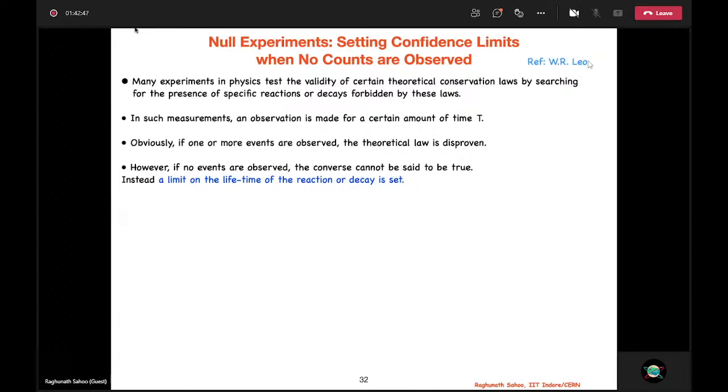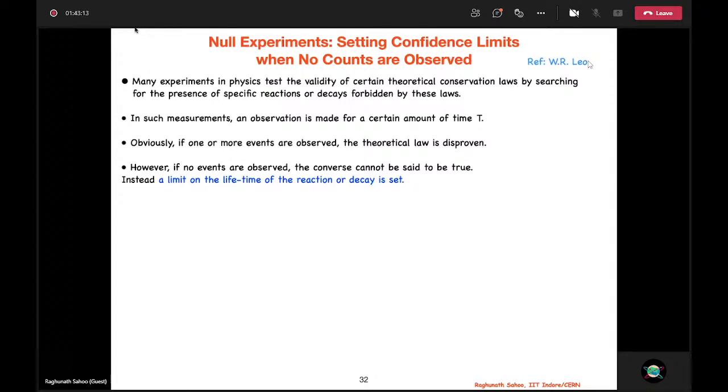Obviously, if one or more events are observed, the theoretical law is disproven, because if I give one example against your theorem, the theorem is disproved, but the converse is not true. If no events are observed, the converse cannot be said to be true, because you have observed for a limited interval of time.